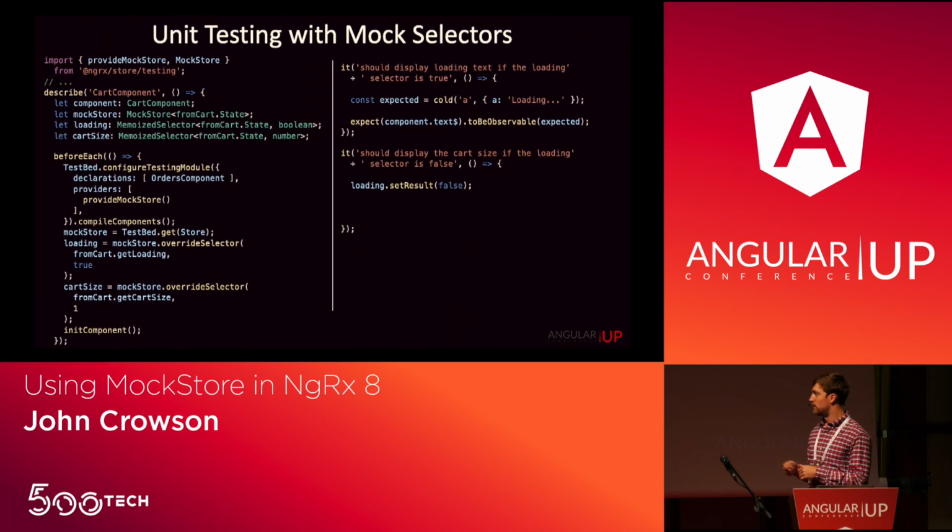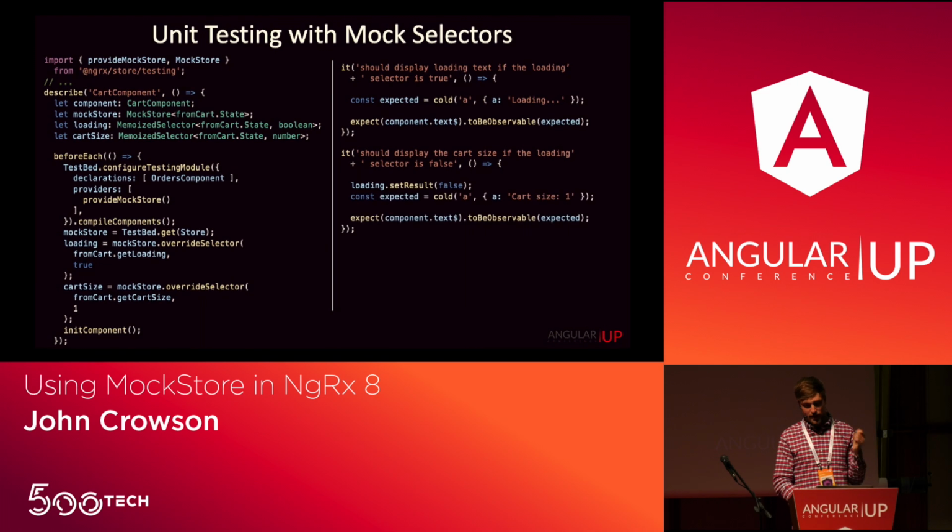I'm fine with the current cart size just being 1. So instead of having to redefine my entire state for everything that I want to use, I just have to switch out the loading selector, which is the only difference between these two tests that I want to condition. So now my loading selector should return false, and I make the same assertion that my cart size is 1.